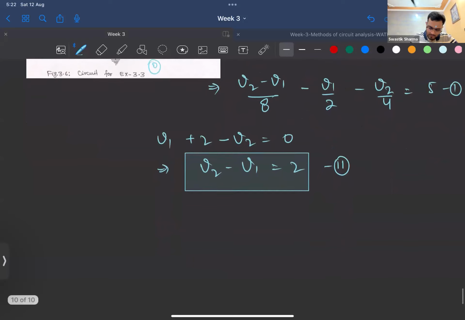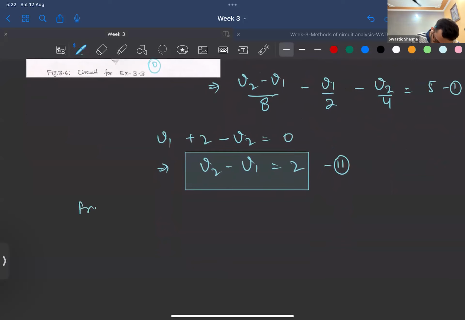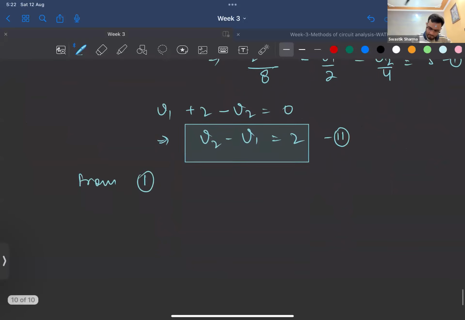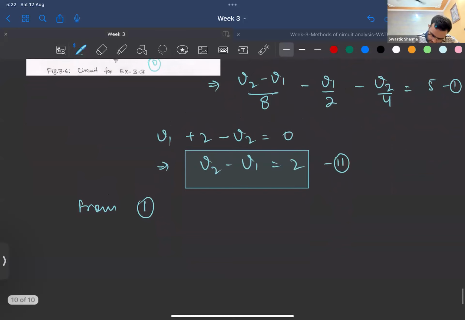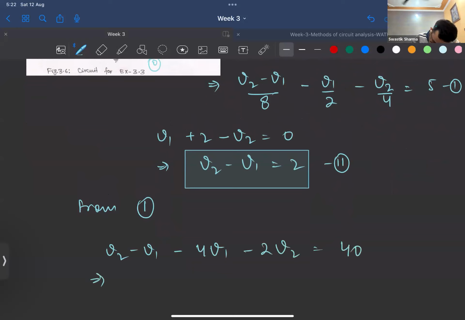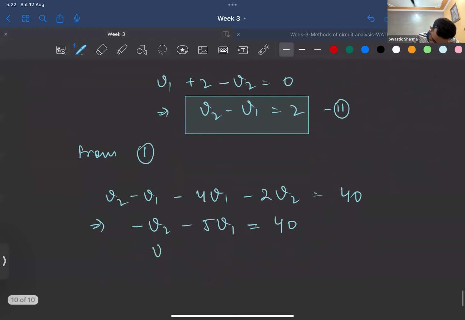Let's rewrite the first equation and simplify first. From 1, this is 8 times V2 minus V1 minus, which comes out to be, let's solve it using a calculator.